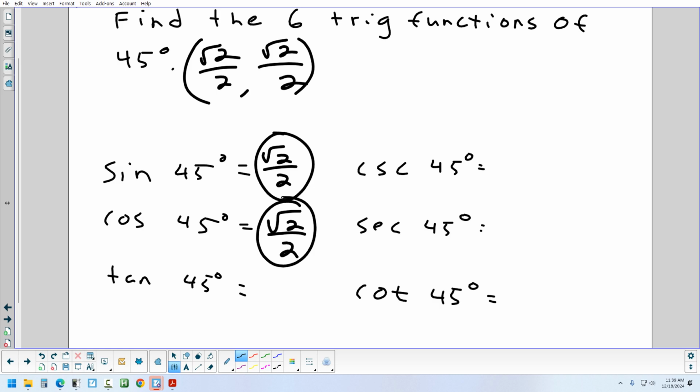What do you get when you divide y by x? 1. You're dividing 2 things that are the same. So tangent's 1. Since we're here, let's do the cotangent. Isn't that also 1? That's also 1. Okay. What's the first step to getting the cosecant?